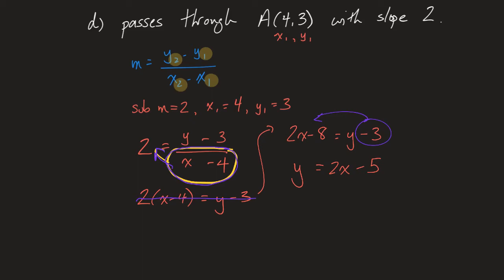Now, it begs the question, then why is this the way that you would choose to do this? And the reason for it for us is there are multiple forms that we want to put lines in. Like, yes, we have y equals 2x minus 5 as a form for y equals mx plus b. That's one form of a line. But we also have a form of ax plus by plus c equals 0, which is our standard form for our line.